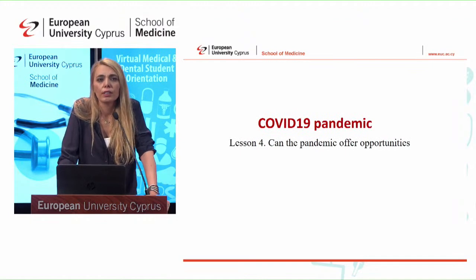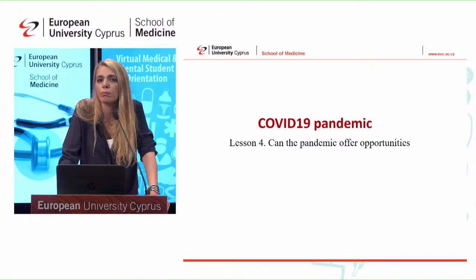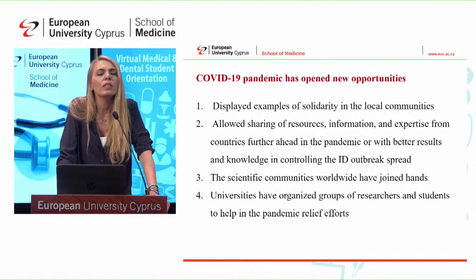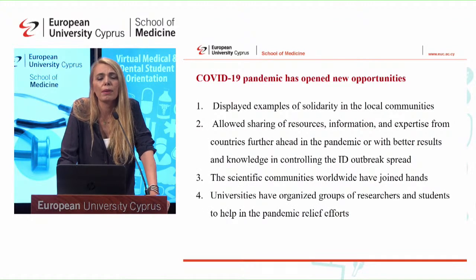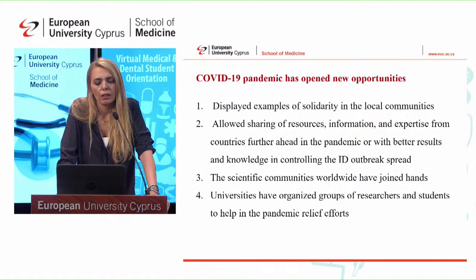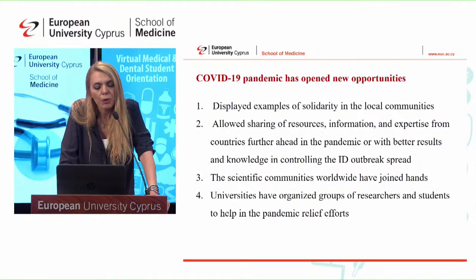Lesson 4, we have to present also the positive things. So the COVID-19 pandemic offered also some, let's say, opportunities. So what are the new opportunities that the pandemic offered to us, to humanity? The pandemic displayed examples of solidarity in the local communities. The pandemic allowed sharing resources, information, and expertise from all over the world.